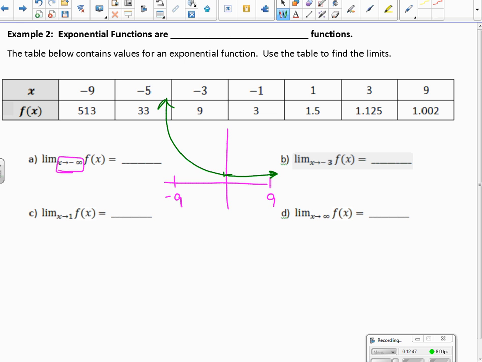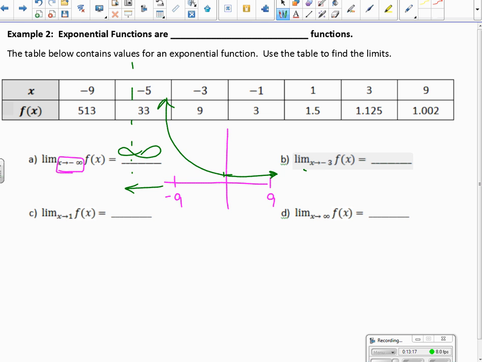I needed to be a little bit higher than 1 there, but the picture's close enough. As I approach negative infinity, so I'm way out here to the left, I'm going to be sky high. This will be positive infinity. You also could say the limit does not exist here because infinity is not a number. However, by indicating infinity, I'm giving a little bit more information about the function. So let's just put in positive infinity.